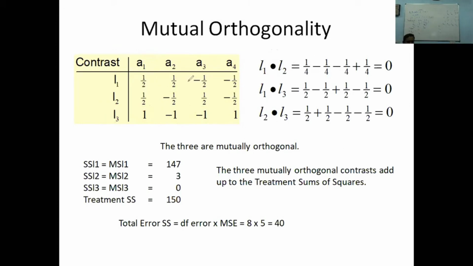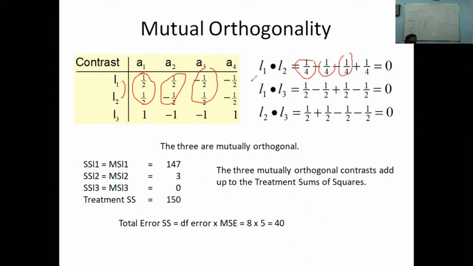Right. Now, after putting all these contrasts, you can multiply their coefficients. In the second step, we are multiplying the coefficients, L1 into L2. If you multiply this, that is 1 over 4. If you multiply this, that is minus 1 over 4. If you multiply this, again minus 1 over 4.